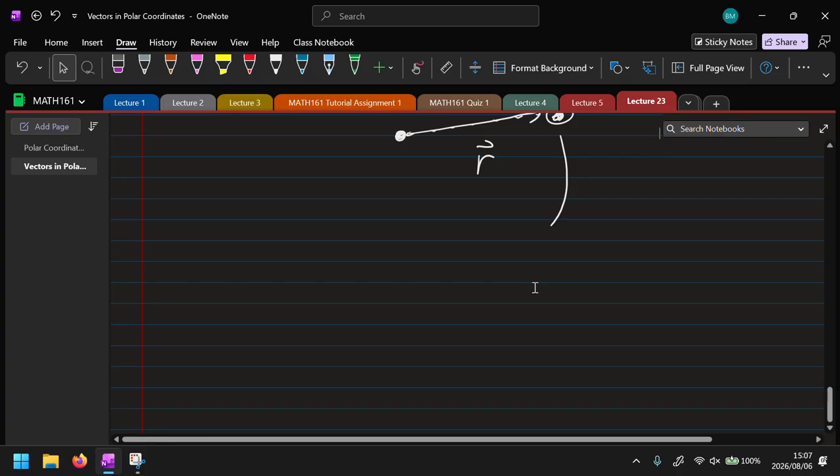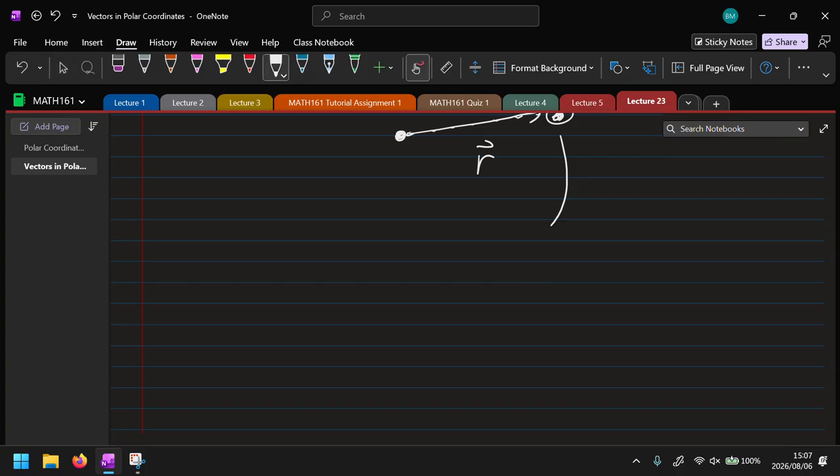Okay, and then the last thing for today, the acceleration. So the velocity is the time derivative of position. So the acceleration, that's the time derivative of the velocity. So it's the time derivative of what we just calculated.